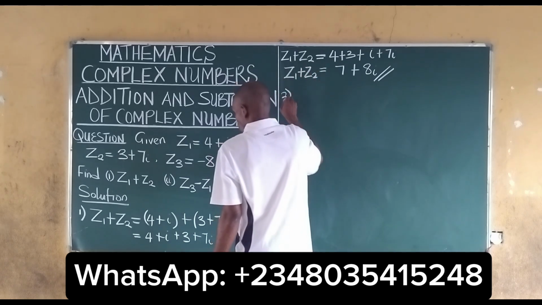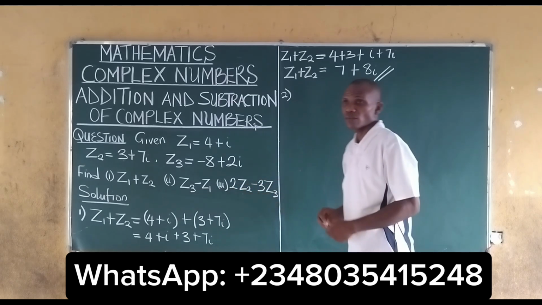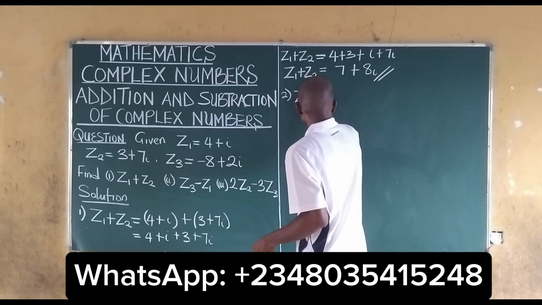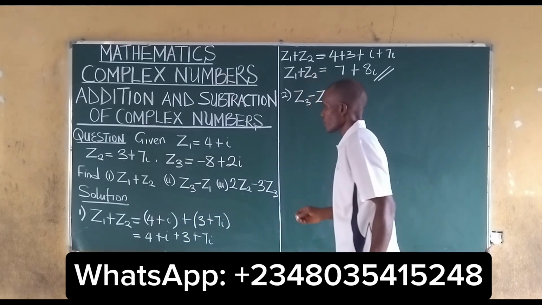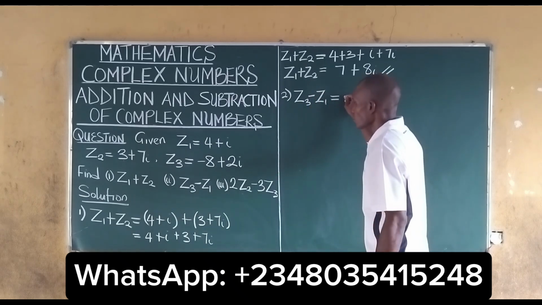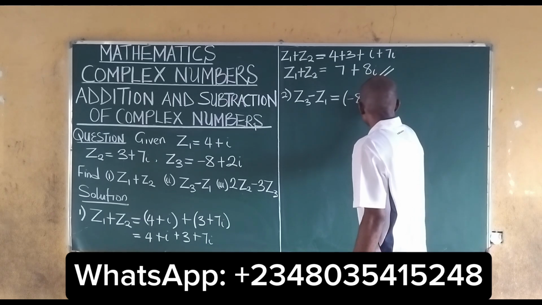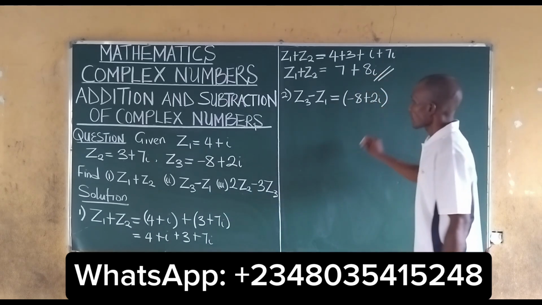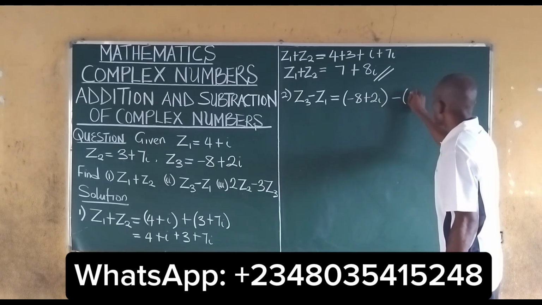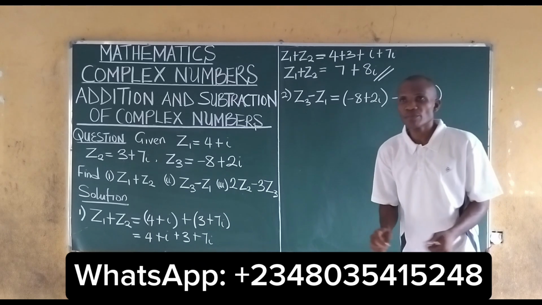Number 2, we are asked to find Z3 minus Z1. What we have to do first is to write out the given numbers. So Z3 is negative 8 plus 2I, and Z1 is 4 plus I. The next thing to do is to open the bracket.